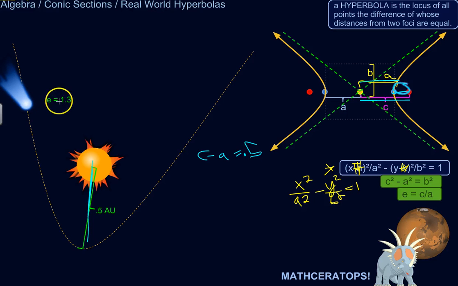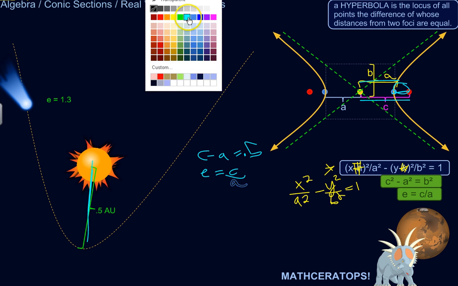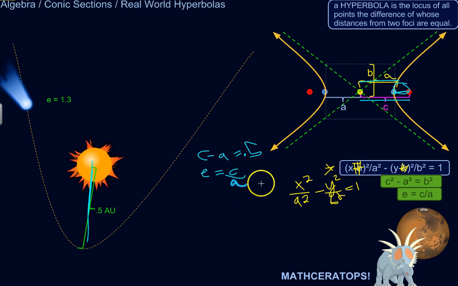We know the eccentricity of the orbit of the comet. e is equal to c over a. That's a way to define the eccentricity of that orbit. So we know what e is. It's 1.3.